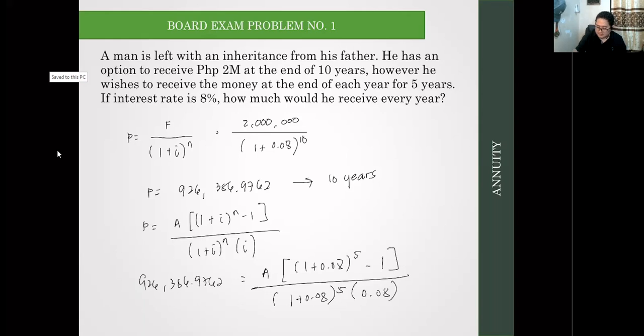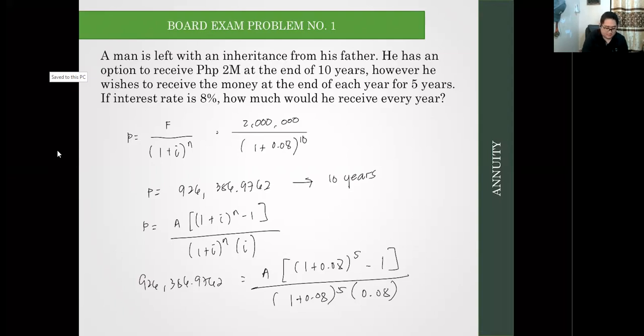Okay? So, by calculator na lang. So, yung 926,000, multiply natin 1 plus 0.08 raised to 5 times 0.08. Then, divide natin yung amount by 1 plus 0.08 raised to 5 minus 1. Ay, sorry. Okay.